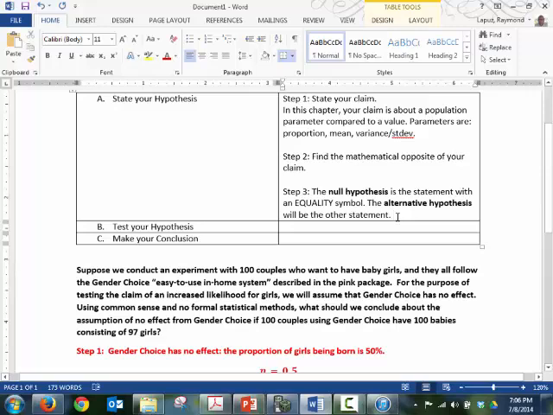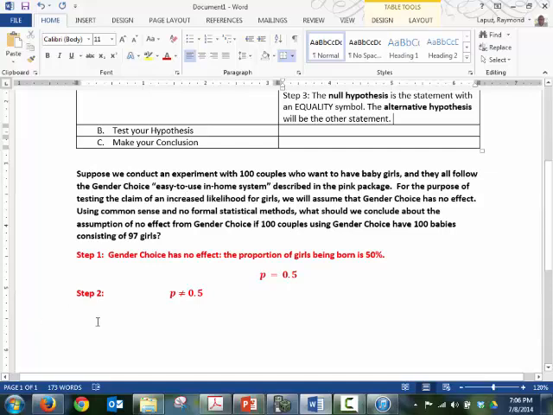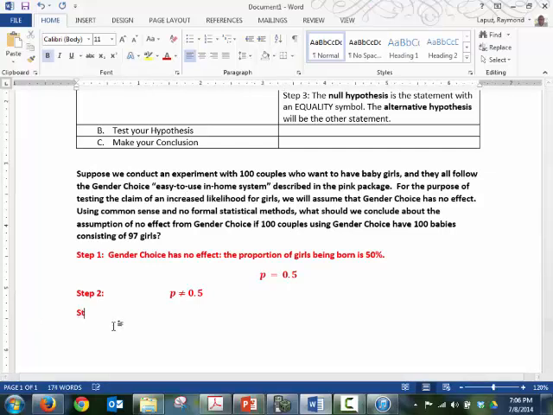The null hypothesis is going to contain a condition of equality, something with an equal sign. The alternative hypothesis will be the other statement that does not have an equal sign. These will be our symbols for the null hypothesis and the alternative hypothesis.